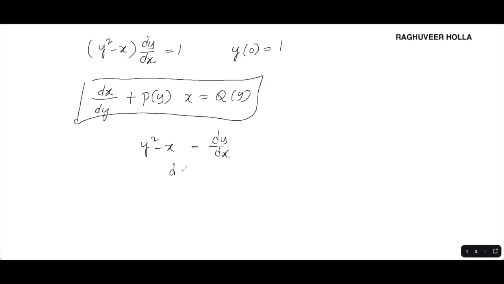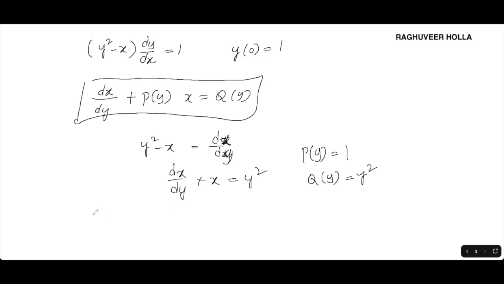So dx by dy plus x is equal to y square, right? Now we got it in this form, p of y is equal to 1 and q of y is equal to y square.